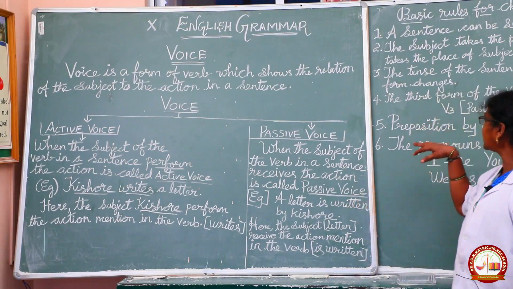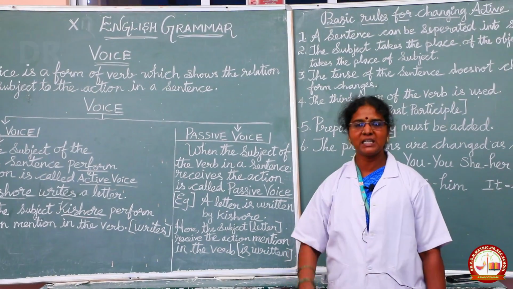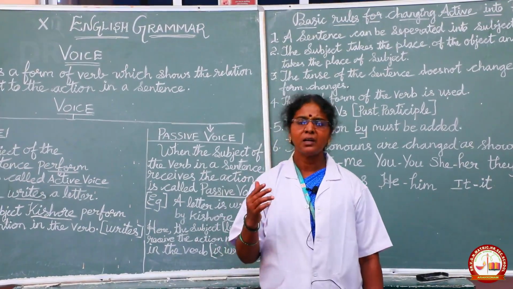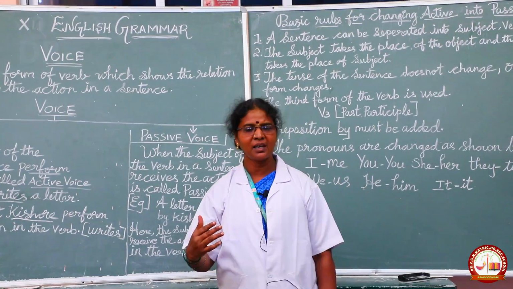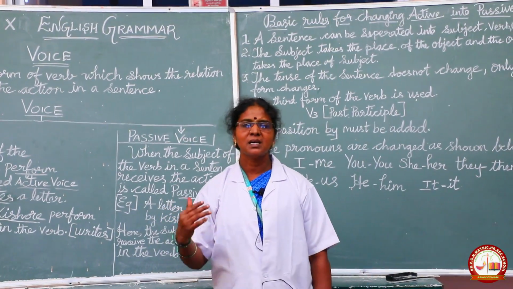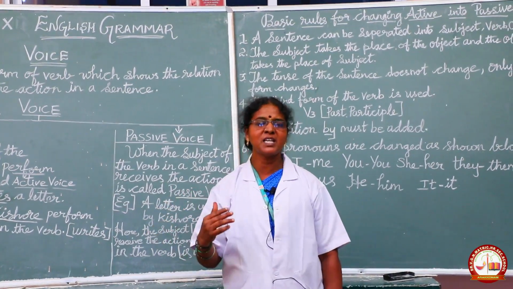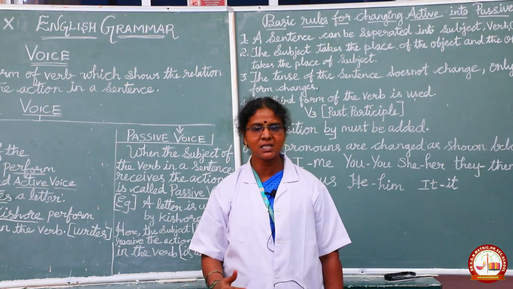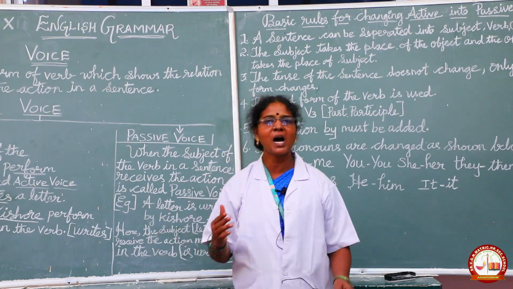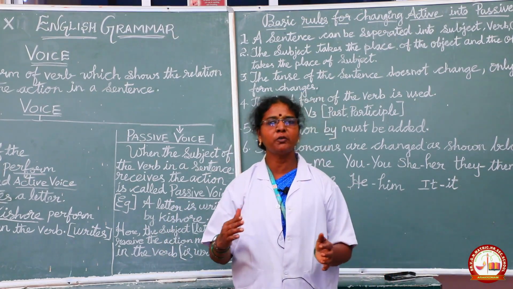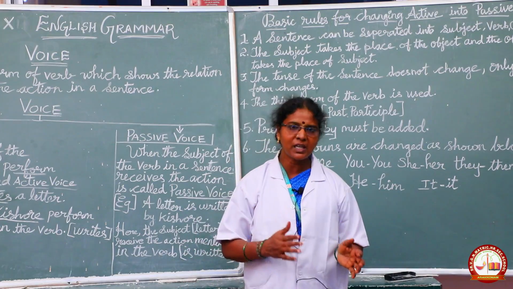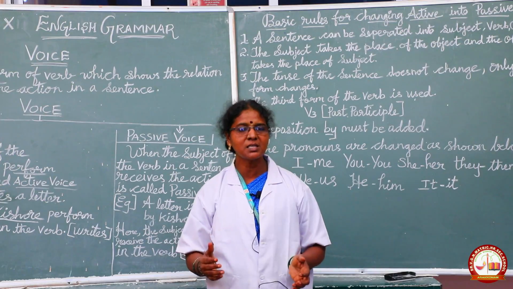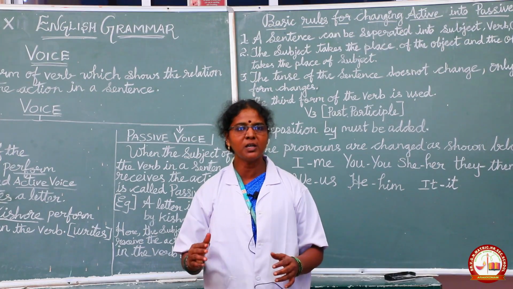The third one: the tense of the sentence does not change. Only the forms change. There are 12 forms of sentence. What are they? They are present tense, present perfect tense, present continuous tense, present perfect continuous tense, past tense, past continuous tense, past perfect tense, past perfect continuous tense, future tense, future continuous tense, future perfect tense, future perfect continuous tense.